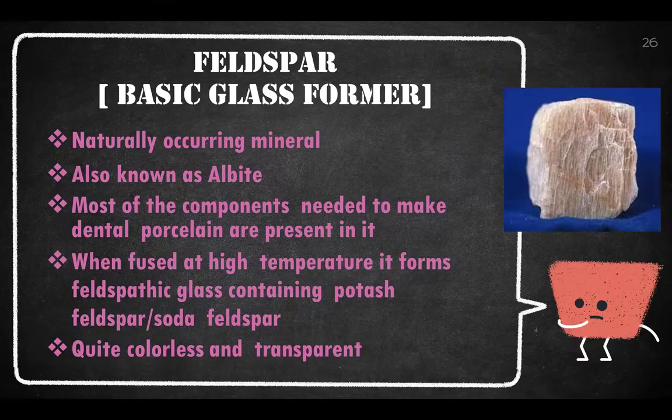And most of the components needed to make dental porcelains are present in this. And it can be fused at very high temperature. Then it forms a glass containing material and that gives the translucency to ceramic. And of course, because of that, it is colorless and being glassy, transparent, as already mentioned.